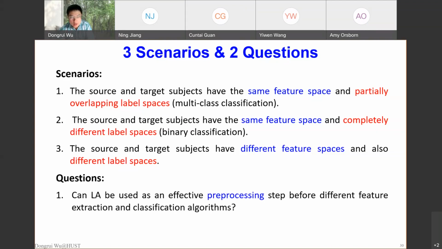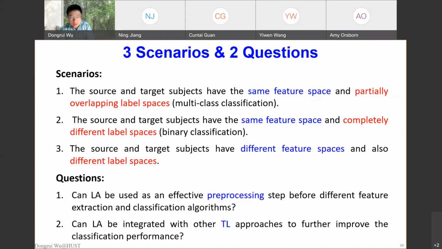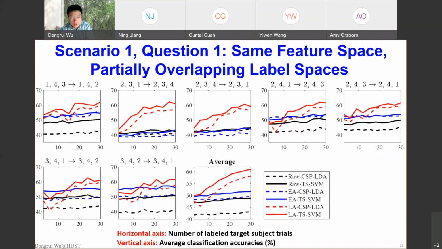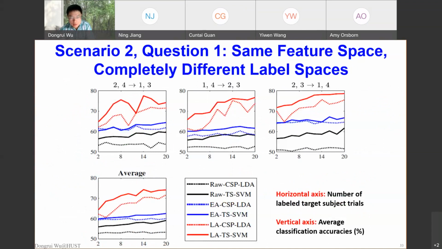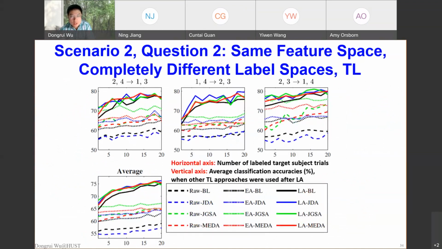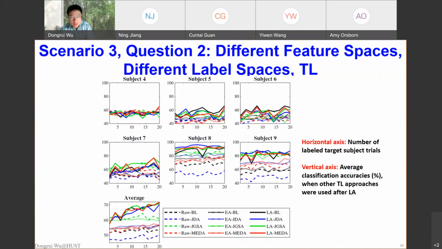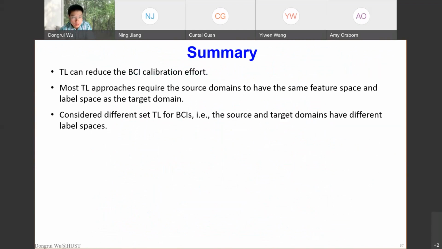The first is, can LA be used as an effective pre-processing step before feature extraction and classification? And the second, can it be integrated with other transfer learning approaches to further improve the classification performance? Of course, the answers to all these questions are yes, as verified by our experimental results. But due to time limit, I'm not going to introduce the details of these results. But anyway, this shows that LA can improve the classification performance.